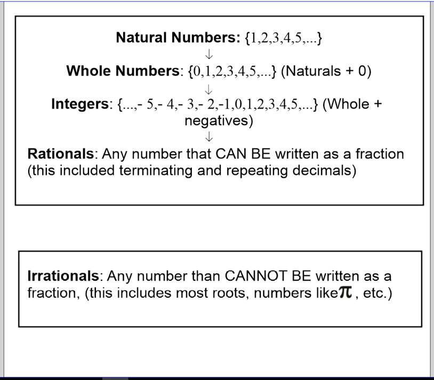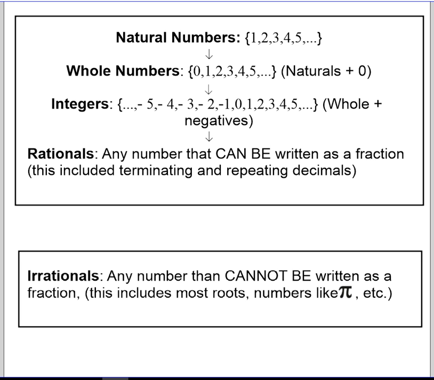And this includes terminating and repeating decimals. Terminating means ending, so 0.5 can be written as 1/2, or repeating decimals such as 1/3. If you try and divide that, you'll get 0.3333 forever, and so 0.3 repeating is 1/3 as a fraction.